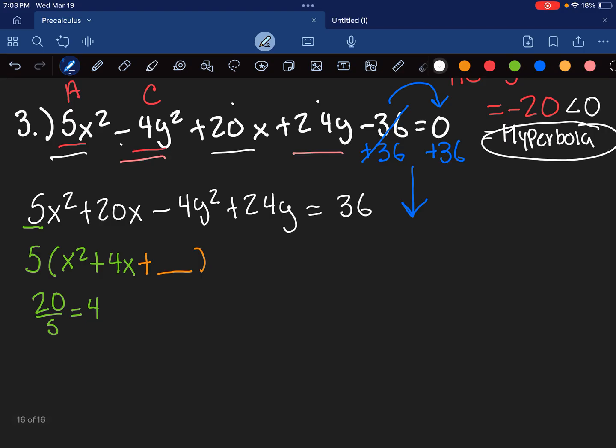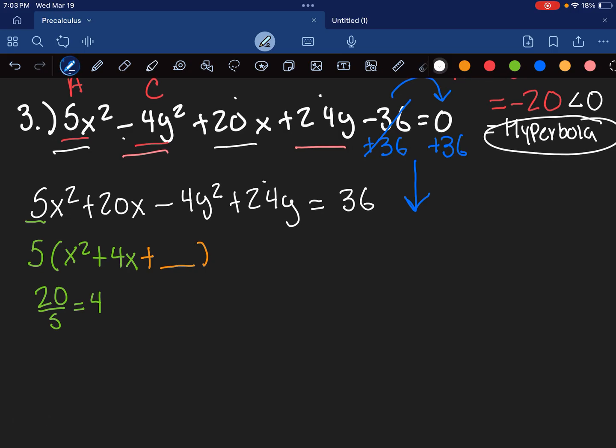We then move on to the next part of the equation. So we have -4y squared and 24y. So we're going to take this front term, -4.